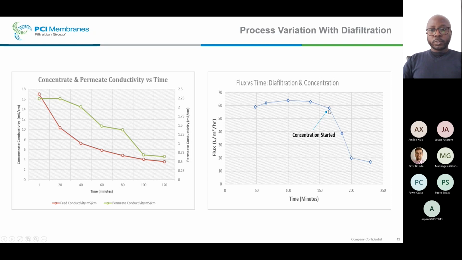It is normal to see a reduction in flux over time as the product is concentrated, for example from 7% to 25%, as we have seen previously in the presentation. So this gives you an overview of what could happen when completing a dye filtration process and concentration of the dye solution over time.